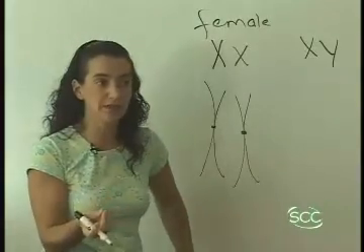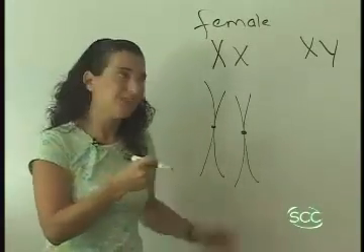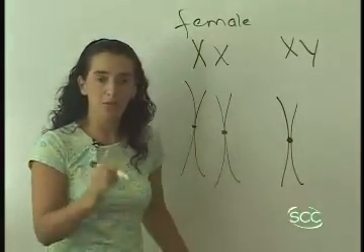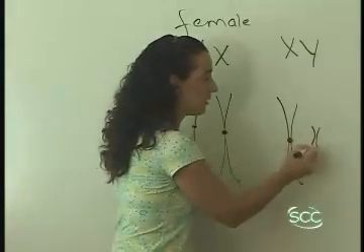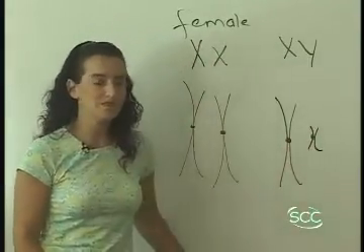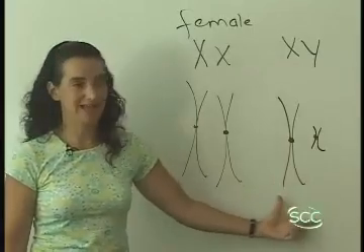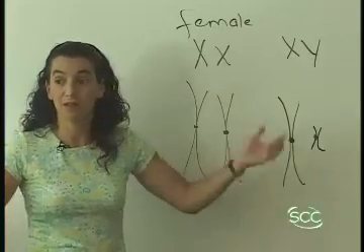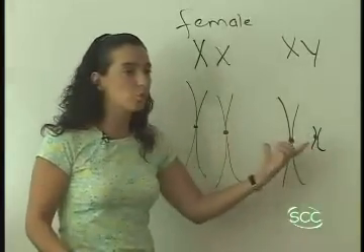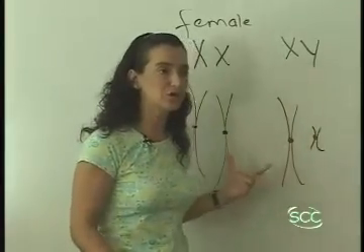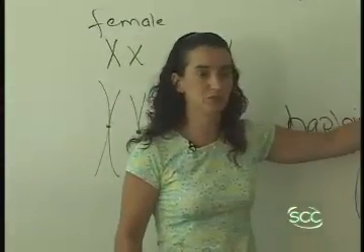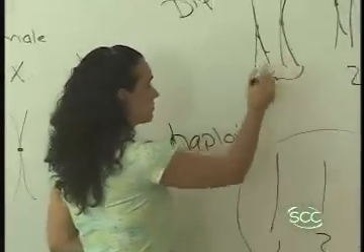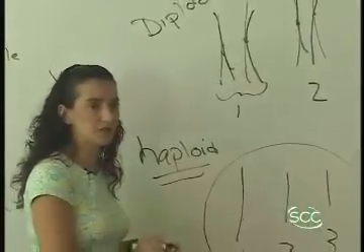These are not actually considered homologous chromosomes like the rest of them are, because the X chromosome is nice and very long, but the Y chromosome is a very small chromosome. So they do not pair up exactly the same, but they are the 2 homologous chromosomes for our sex chromosomes. That's what makes them pair up. What allows these chromosomes to say, this is chromosome 1 and this is chromosome 1, is that there are special marks or genes on them that correspond with each other.